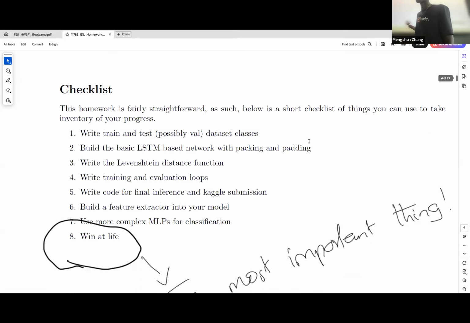Another thing, you'll realize you could also use attention in this homework, but in homework 4 you'll be using attention, so don't rush into it. Leave attention for homework 4. I assure you, if you use attention in this homework, you'll be up there on the leaderboard. So please don't use attention. Just stick to the LSTMs, GRUs, and ResNets.